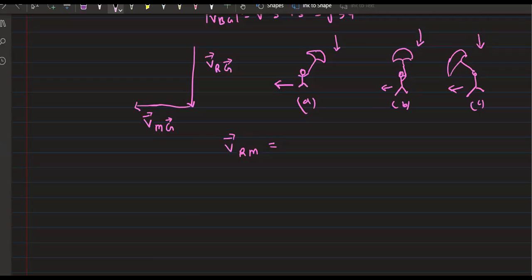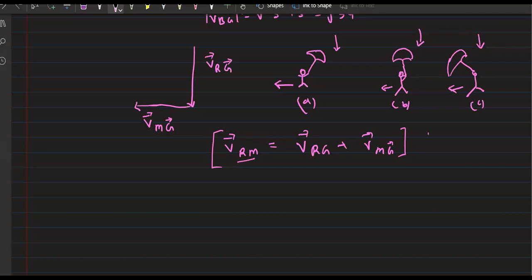Most of you might write velocity of rain with respect to ground plus velocity of man with respect to ground. But is this correct? Tell me.